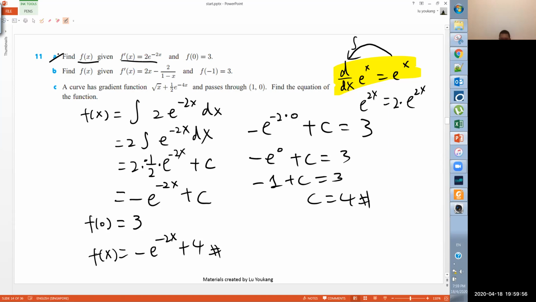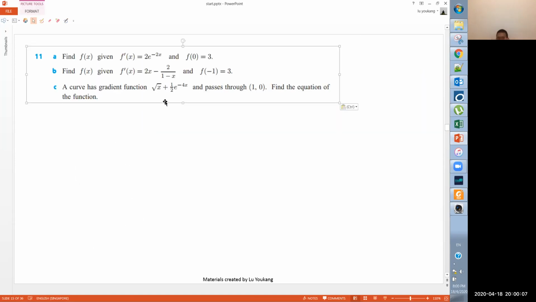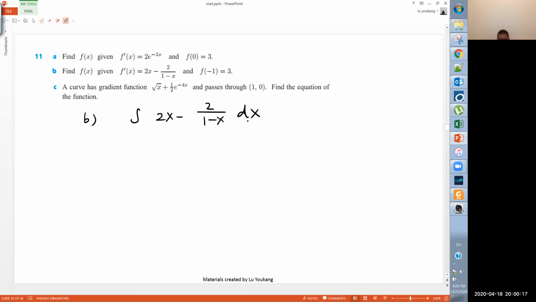Okay, part B, similar technique. Okay, let me go to the next slide. So you integrate your gradient function, then you get back your graph function. So I integrate one by one, term by term.